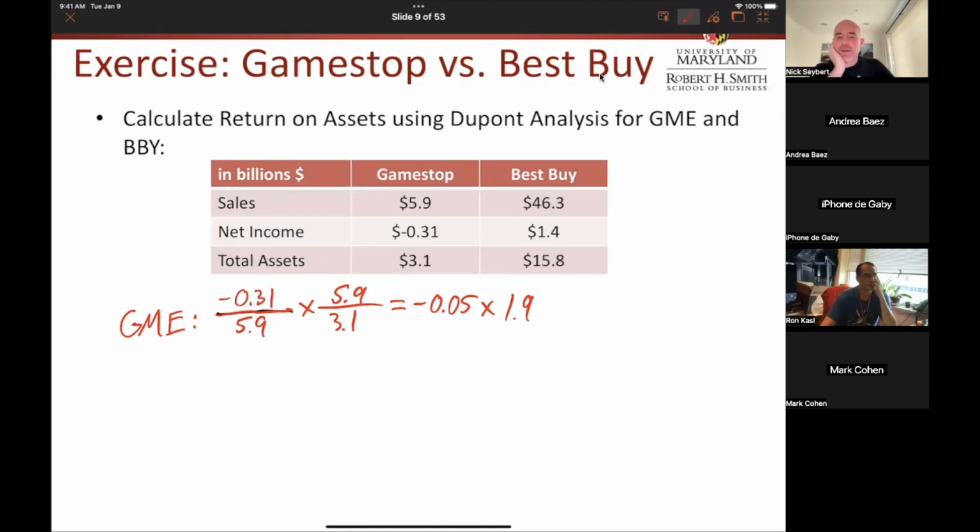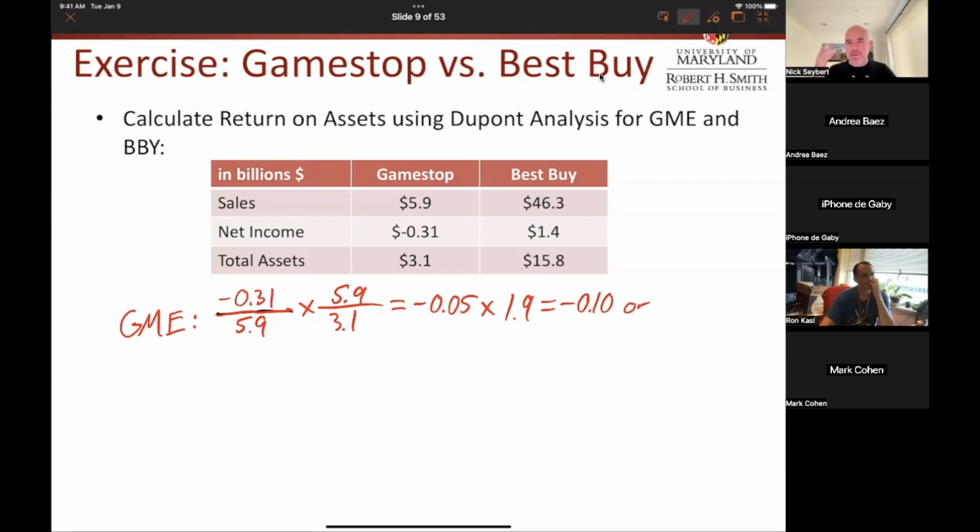And each of those $1.9 of sales they're generating has a negative profit margin attached to it, of negative 5%. Now, if you multiply these two things together, you get approximately negative 0.1.